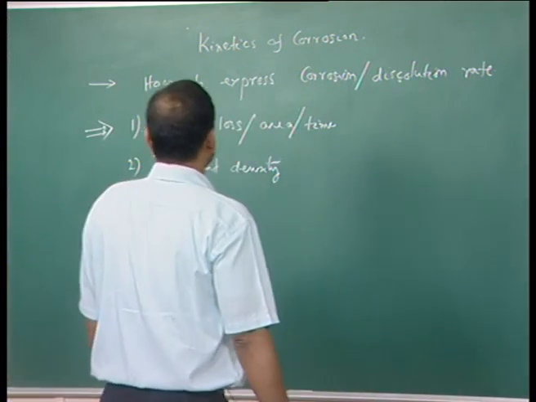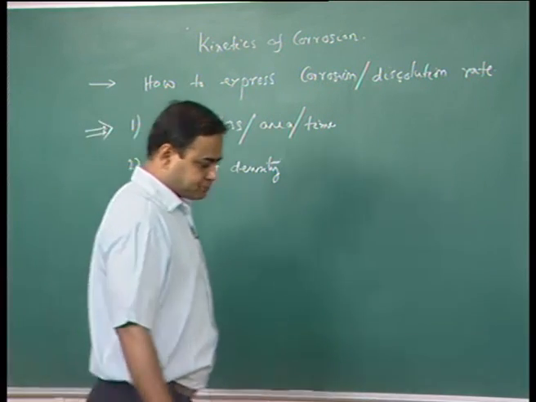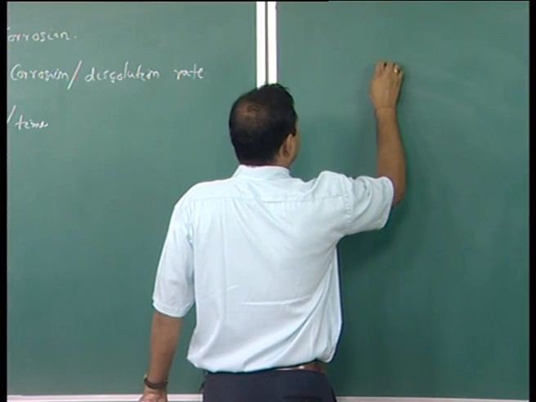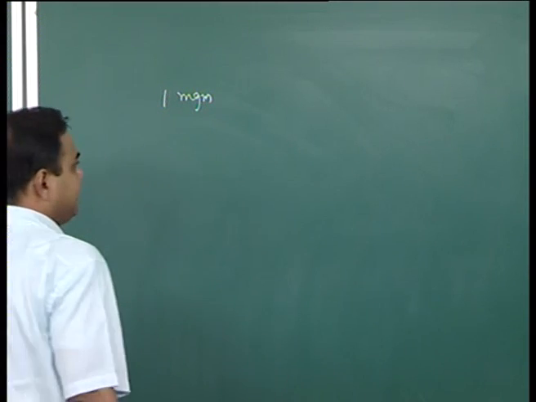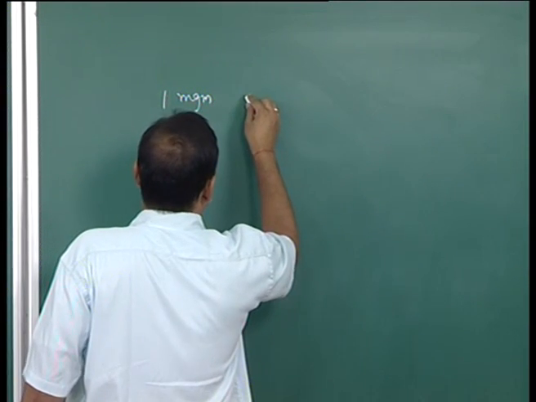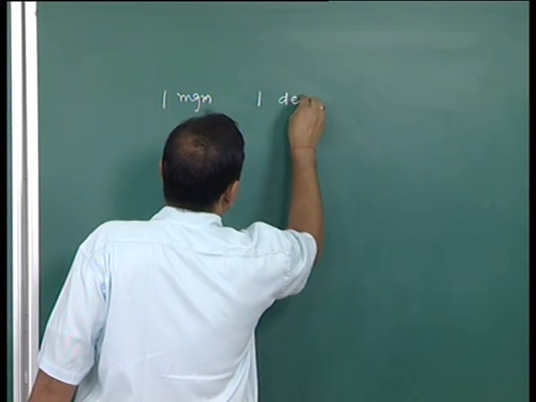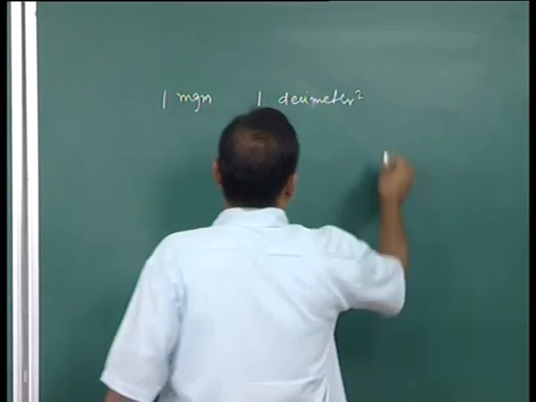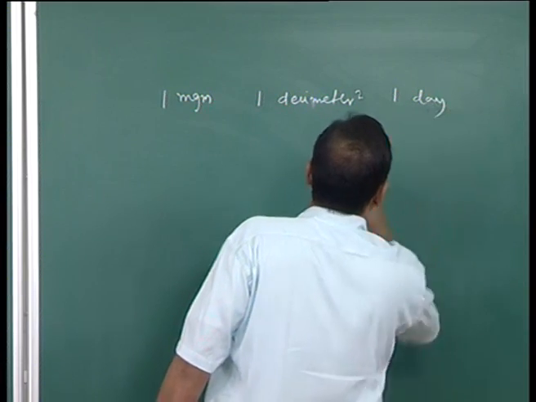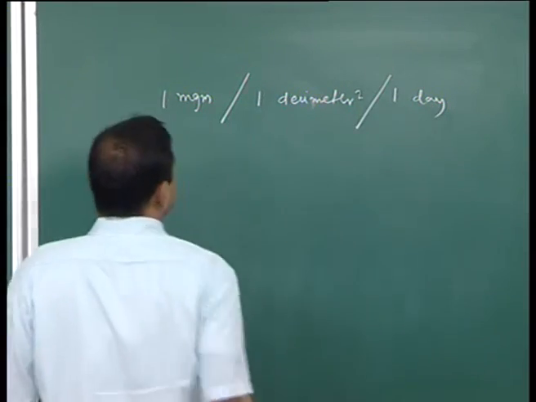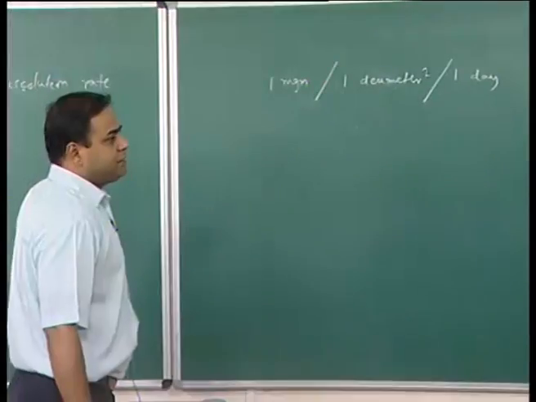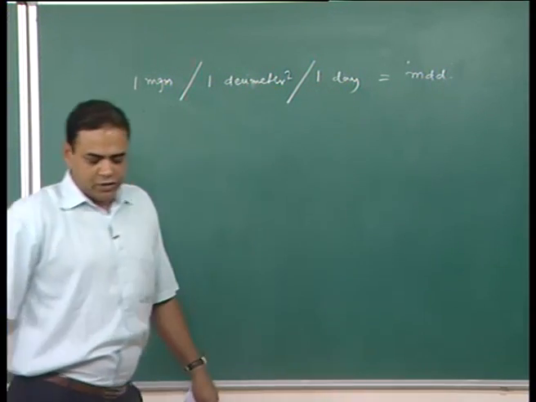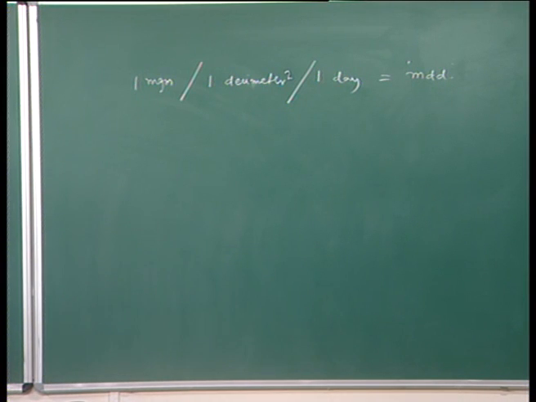This mode is simply, let us say you have weight loss of about 1 milligram and the area exposed is 1 decimeter squared and the time duration is 1 day, then I can measure this unit as 1 milligram per decimeter squared per day, which is expressed in the form of MDD, which is a very popular unit to express the corrosion rate or the dissolution rate.